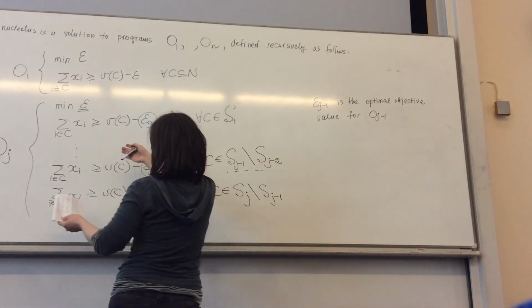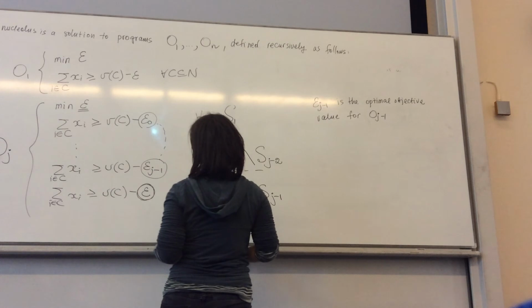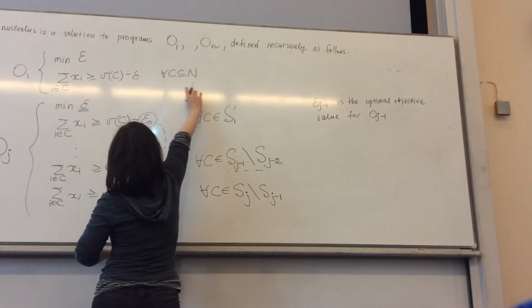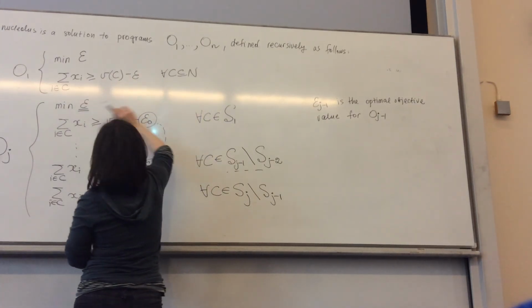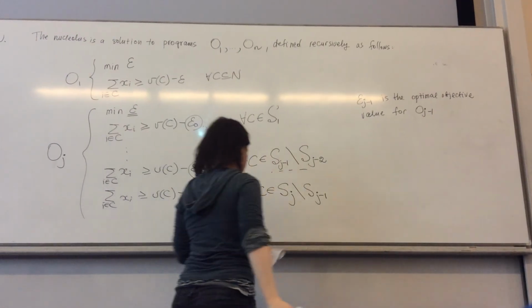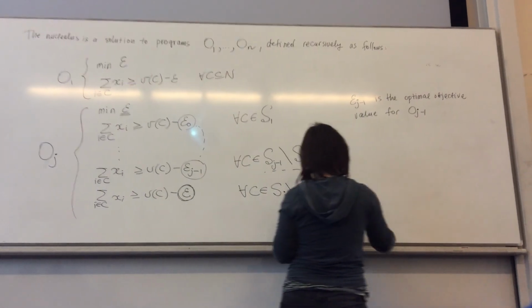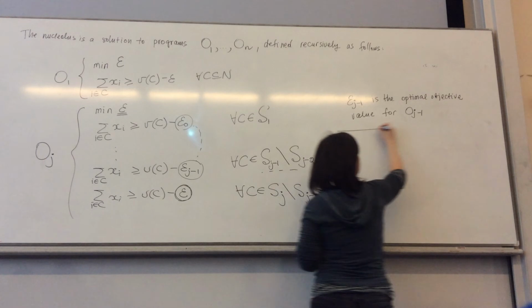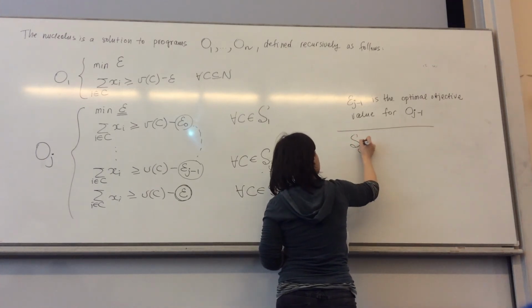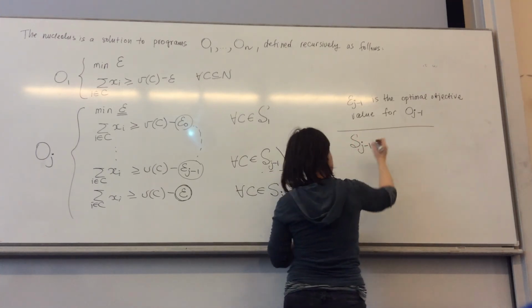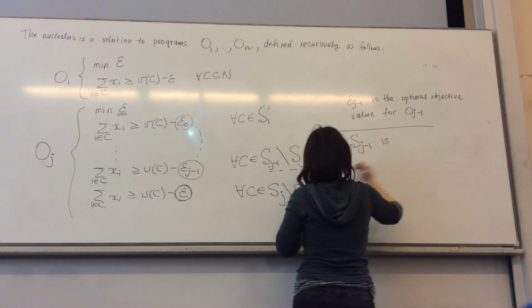So that's the solution of the problem in the previous step. The first step does not depend on anything happening before it, right? So for the second one, we can rely on the previous step. And S j minus 1 is a collection of coalitions.